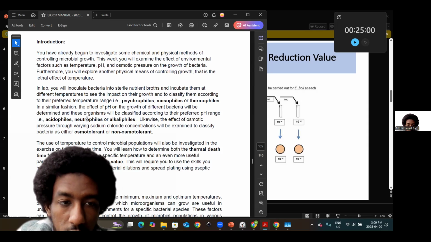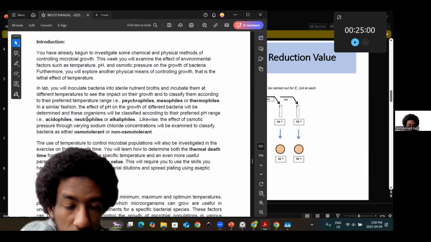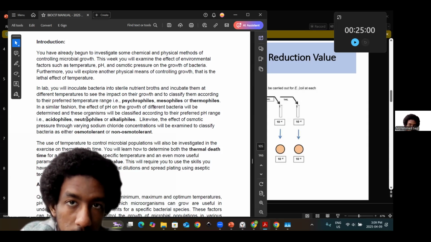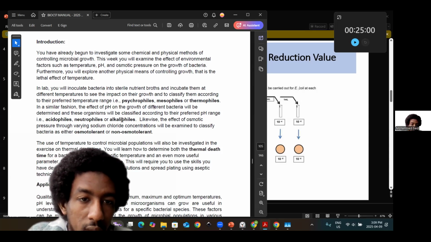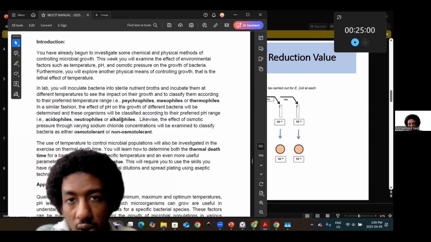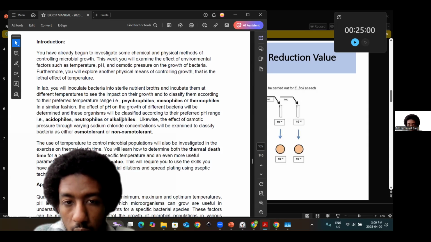Neutrophiles, once again, have pHs near 7, and then you have the alkalophiles that grow optimally at pHs higher than 7, around 8, 10, and more.